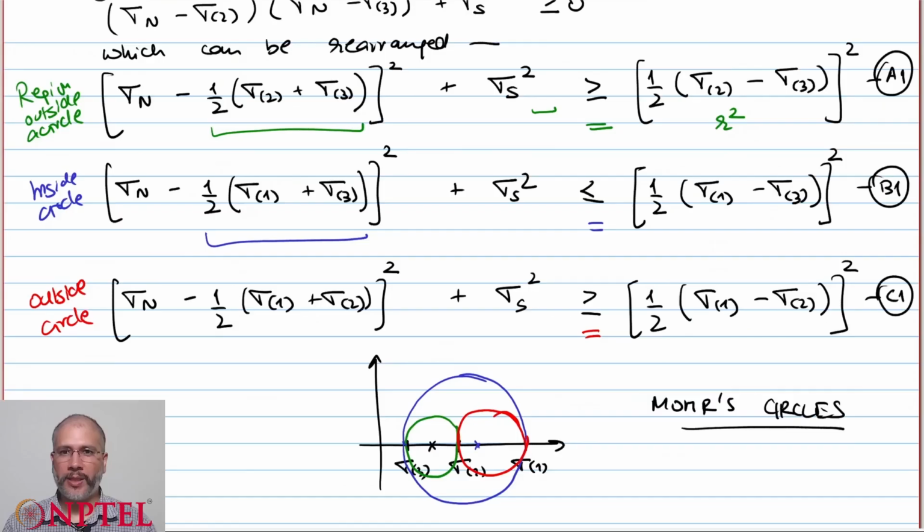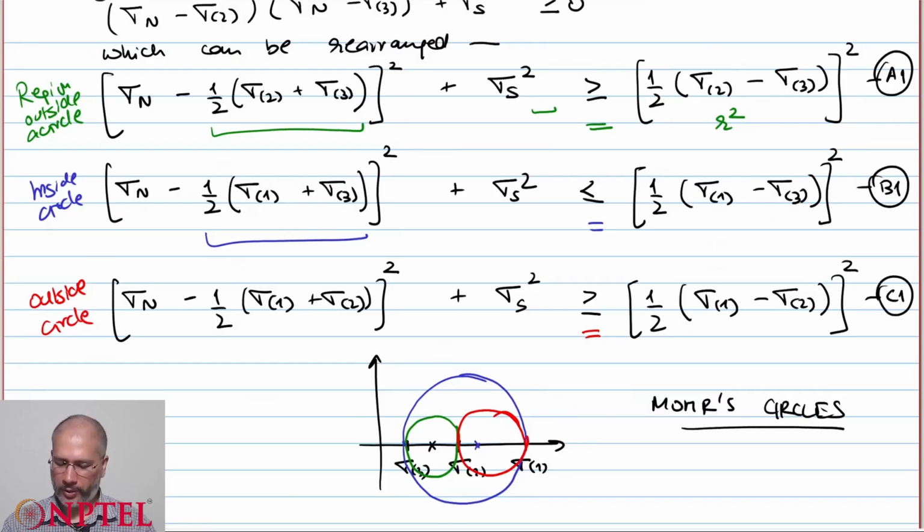Now also, we are interested in the feasible stress region. If you look at equation A1, the feasible stress region is outside the green circle. From equation B1, it is inside the blue circle. And from equation C1, it is outside the red circle.